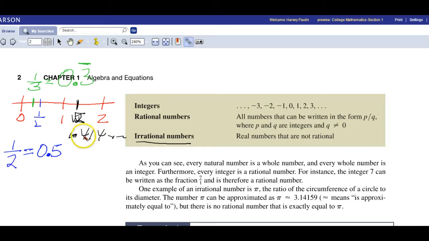All these others are called irrational numbers. Now, all of these numbers on the number line are real numbers.